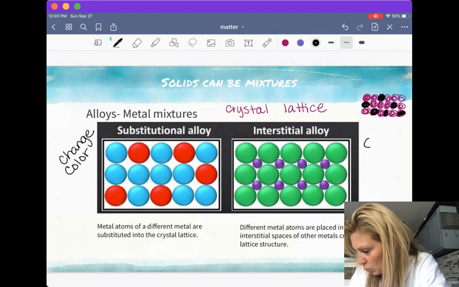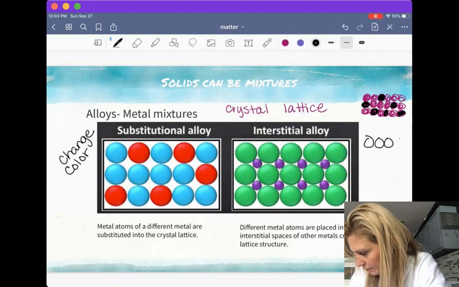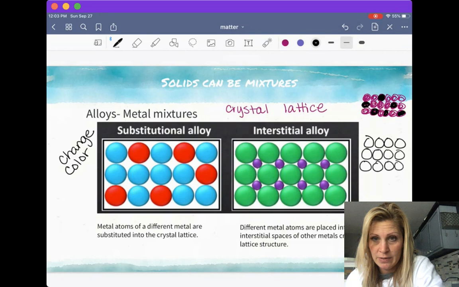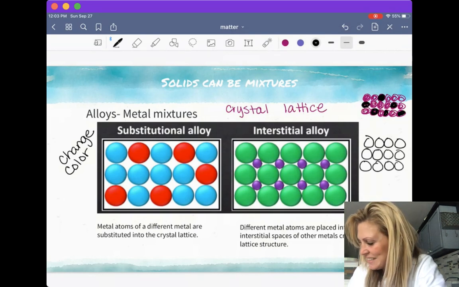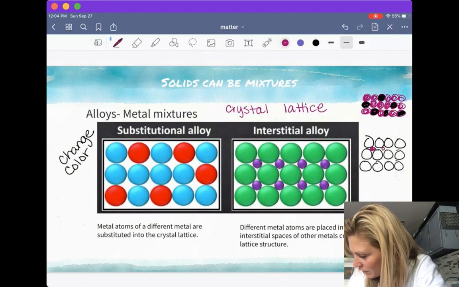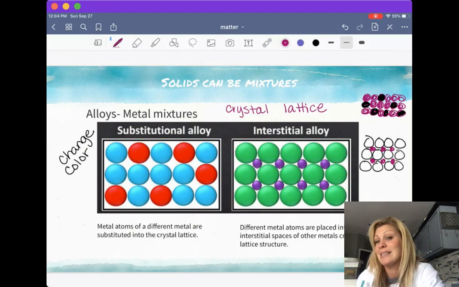So what we do is we take iron. So we take the iron crystal lattice. And what we do is we take in carbon atoms because carbon is really small compared to the iron and it can fit in the spaces. And what we do is we take those carbon atoms and we fill in the little gaps in the crystal lattice. And that is what is called an interstitial alloy. And that's how we make steel.